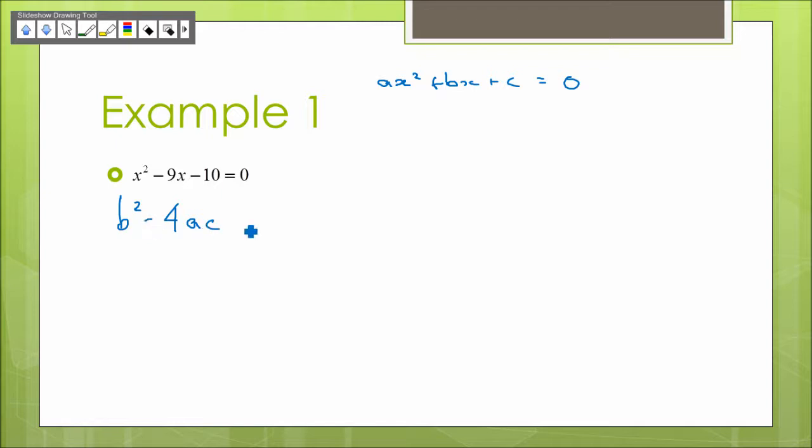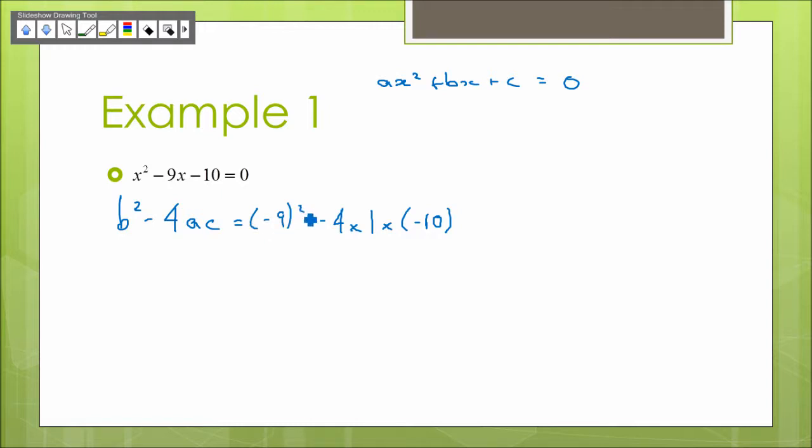So b squared minus 4ac in this example is going to be, well, (minus 9) squared minus 4 times 1 times (minus 10). I'm using brackets to help me distinguish between my positive numbers and my negative numbers. It's also important to put brackets around your negative numbers on your calculator because of the problem that we've discussed earlier.